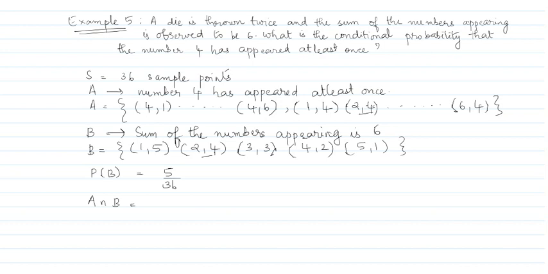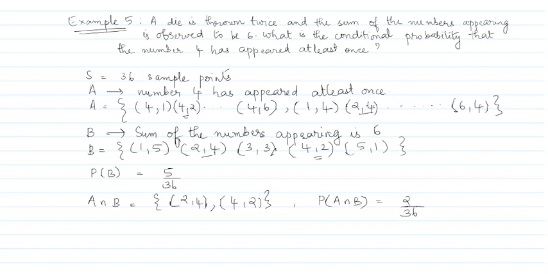I also have a 4, 2 here which appears here. So my A intersection B would contain 2, 4 as well as 4, 2, right? So there are two outcomes which favor occurrence of both A and B. So I will have P of A intersection B as 2 upon 36.